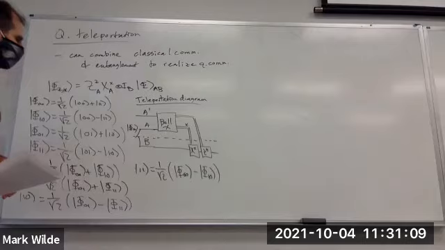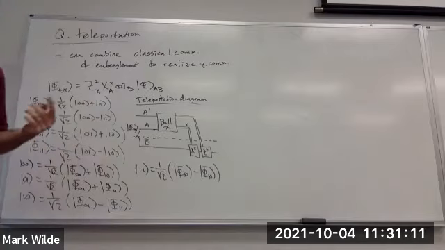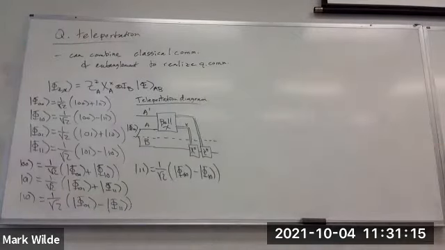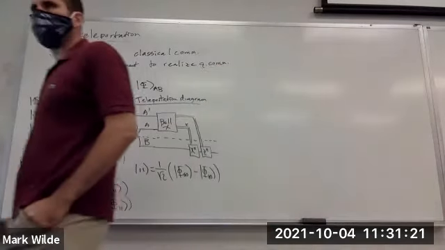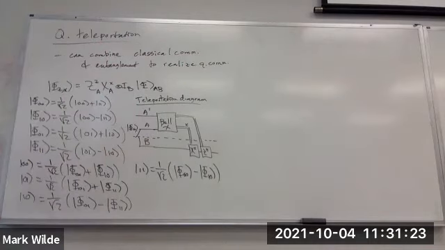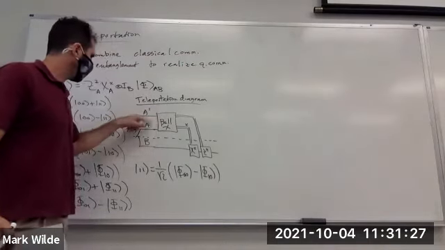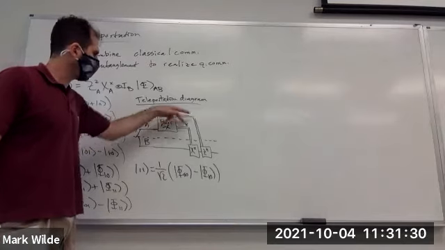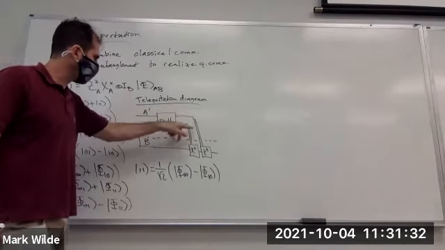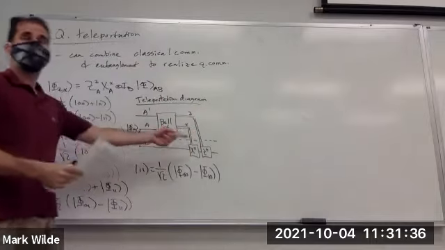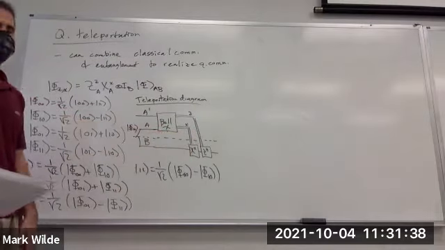Okay. So teleportation, I think we'll be studying entanglement theory for a little bit. We'll probably have at least one lecture about that. And in entanglement theory, the free operations are called local operations and classical communication. This is an example. Bell measurement is a local interaction between A and A prime, and then classical communication from Alice to Bob. And then Bob does a local operation at the end. Okay?